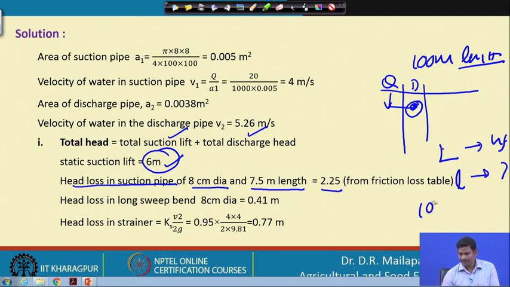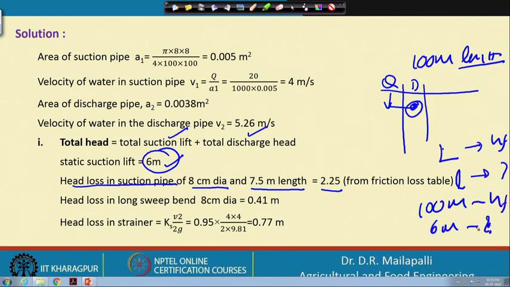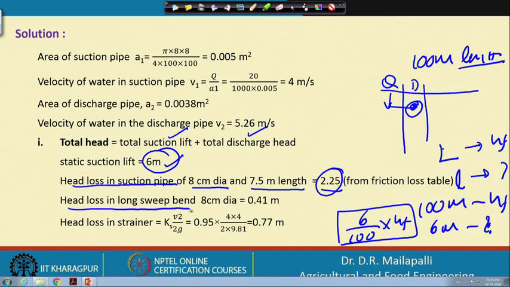Suppose this is 100 meter, you get HF, and for 6 meter it is 6 by 100 into HF. That will be 2.25 if you look at that.